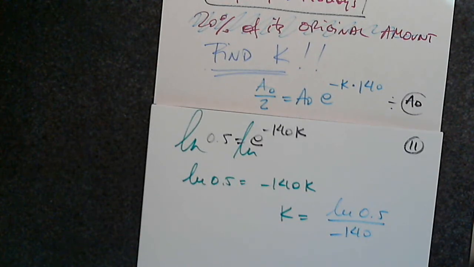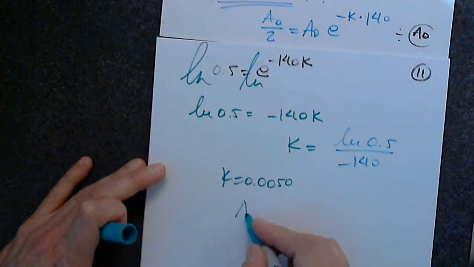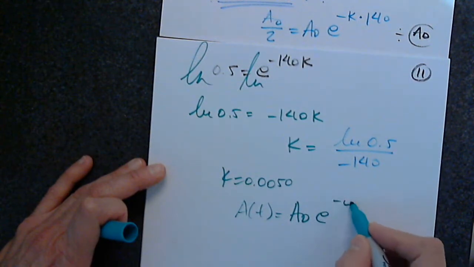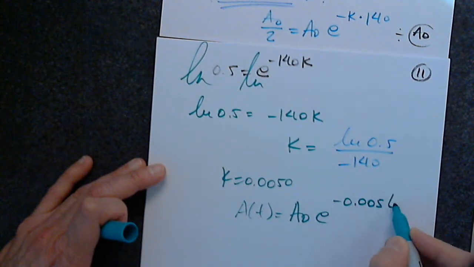So k is 0.0050, four decimal digits. So now we have the model. A of t equals A0 e to negative 0.005 t.